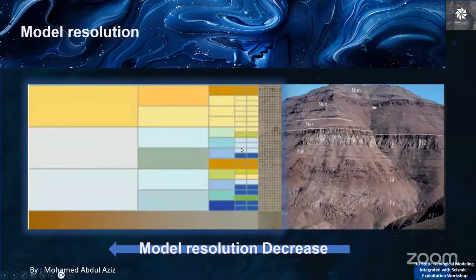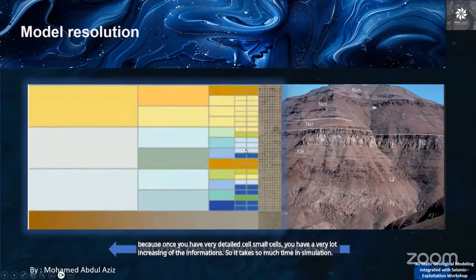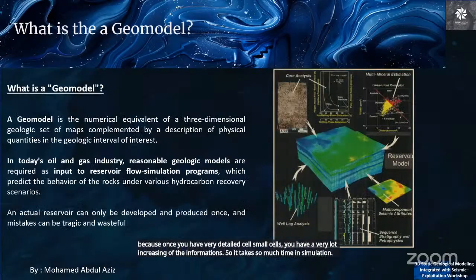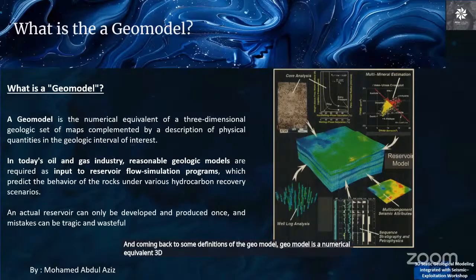Because once you have very detailed small cells, you have a lot of increasing of the information, so it takes so much time in simulation. And coming back to some definitions of the geomodel, a geomodel is a numerical equivalent 3D geological set of maps.